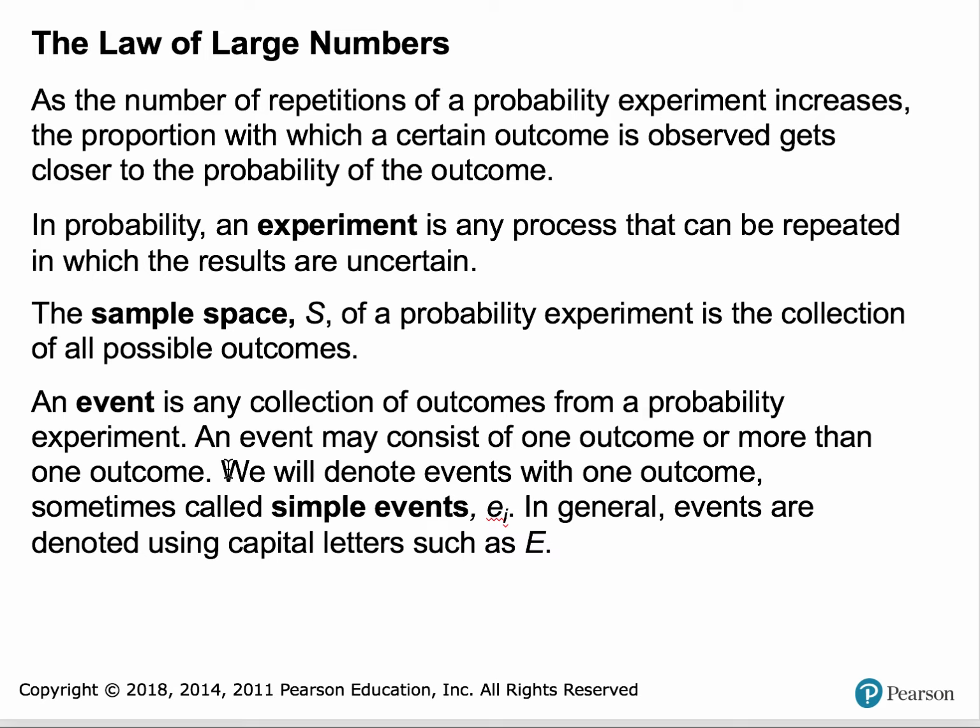For example, let's say our event, if we're talking about rolling the die, is rolling an even number. Okay, then that's a 2, a 4, or a 6. We're going to denote simple events with one outcome as E sub i. In general, events are denoted using capital letters, such as a capital E.